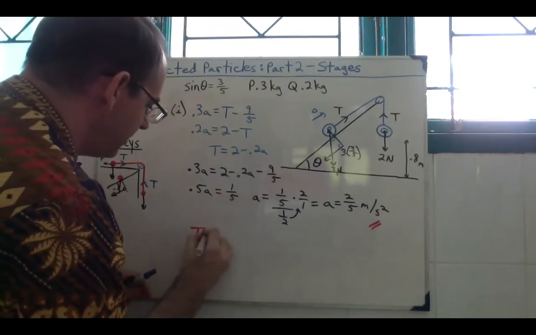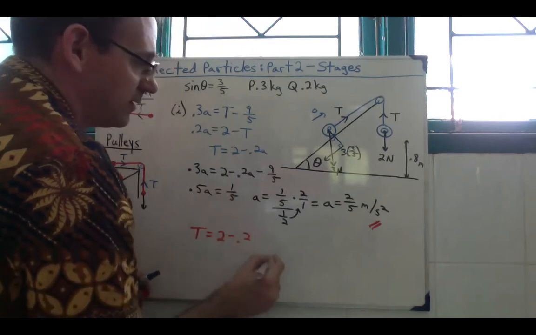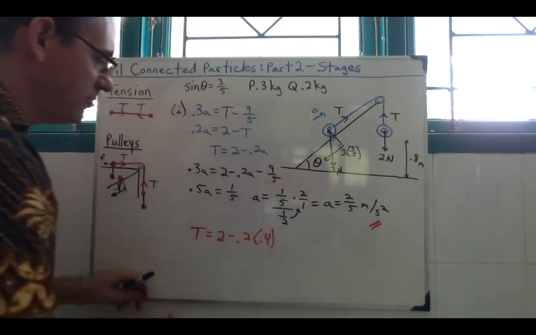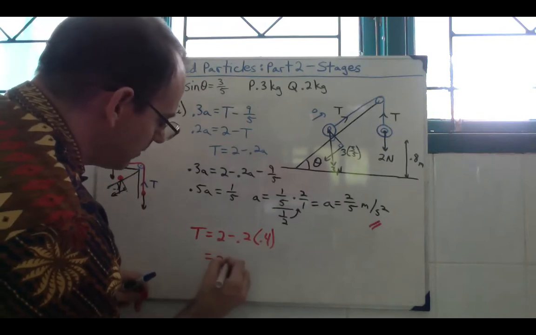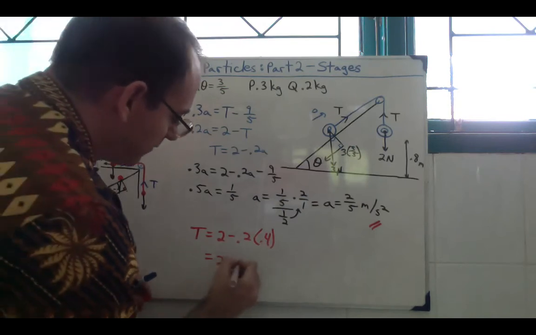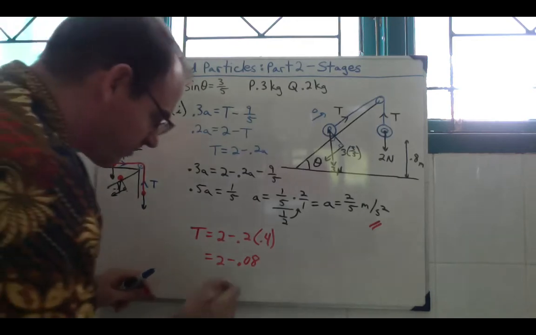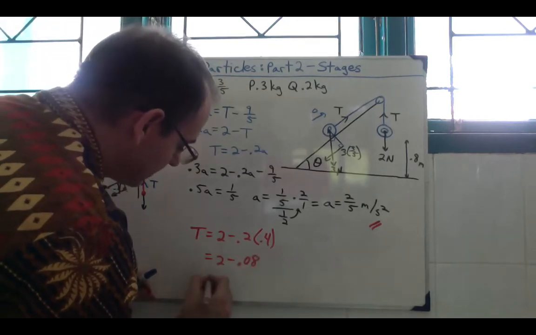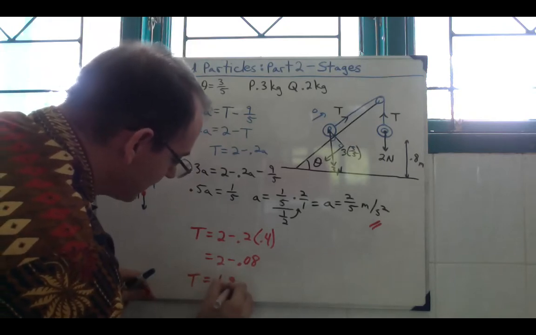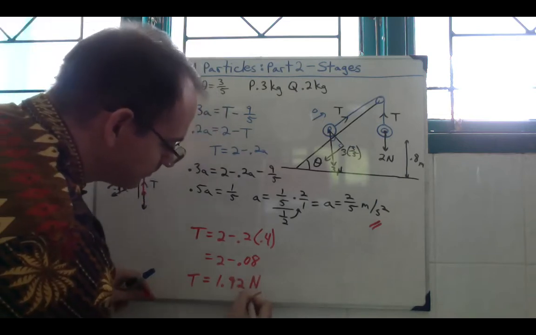So our T equals 2 minus 0.2 times, and 2/5 is the same thing as 0.4, so we can do that. 0.2 times 0.4 is 0.08. 2 minus 0.08, our T then equals 1.92 newtons.